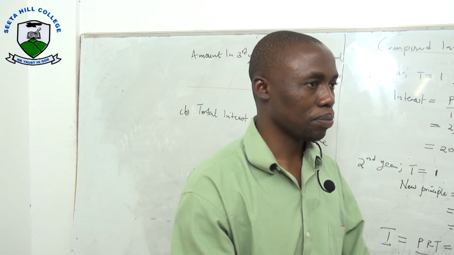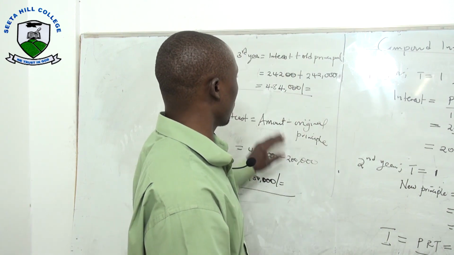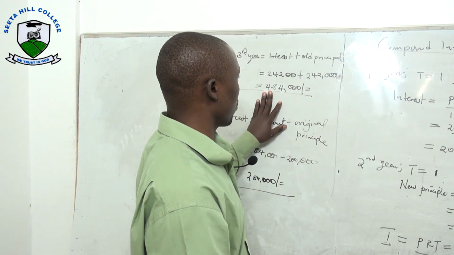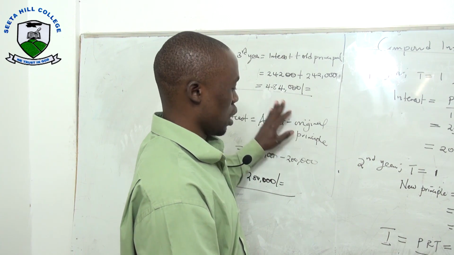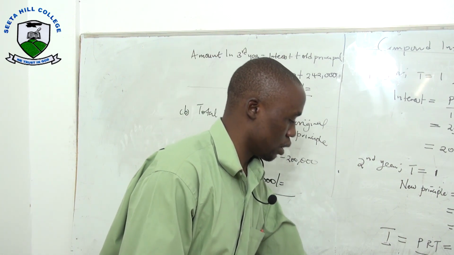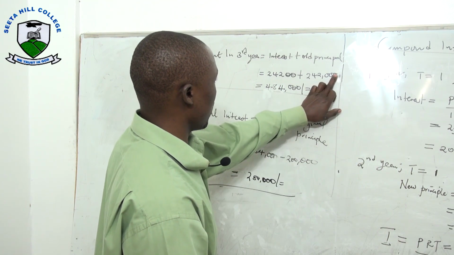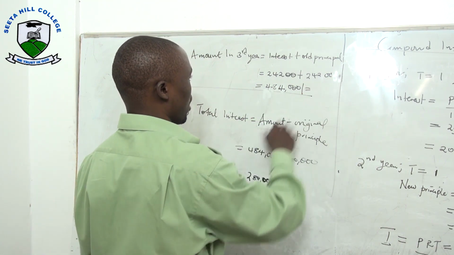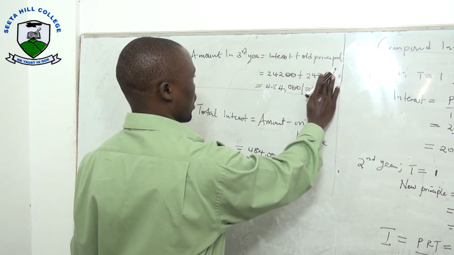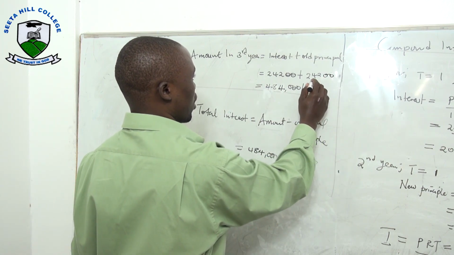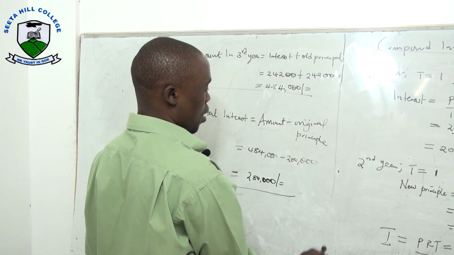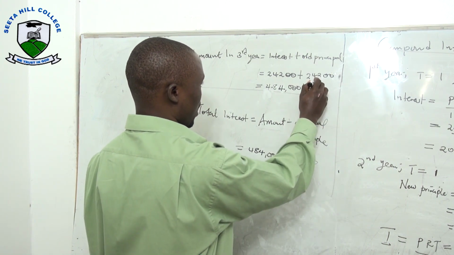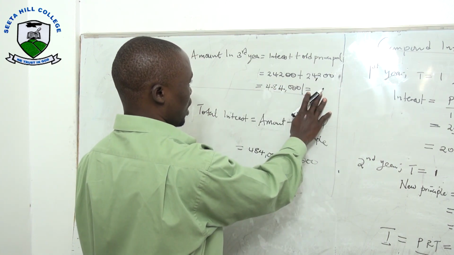Which value? It's not 484, it's 266,200. Because they are last.